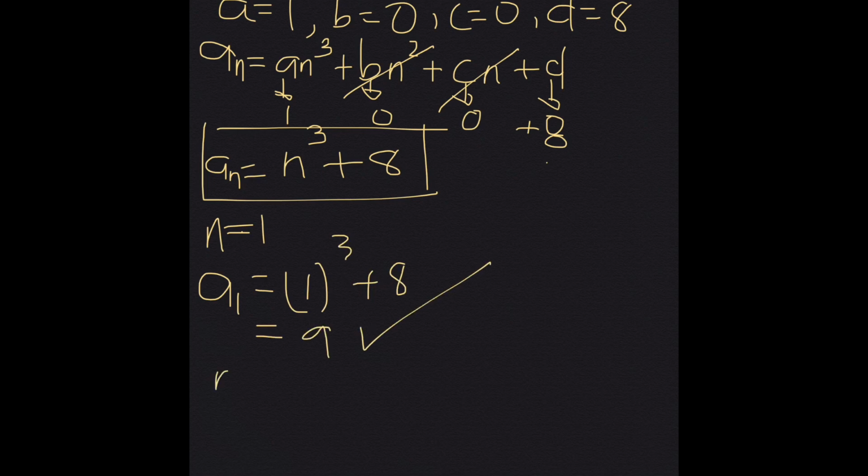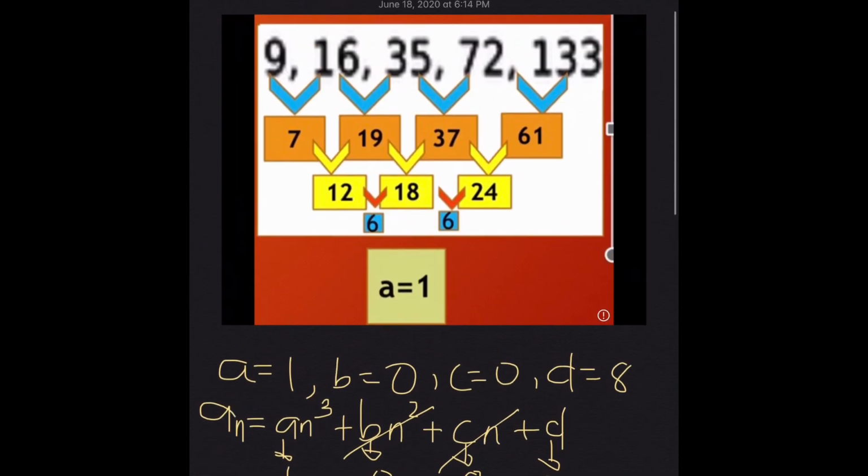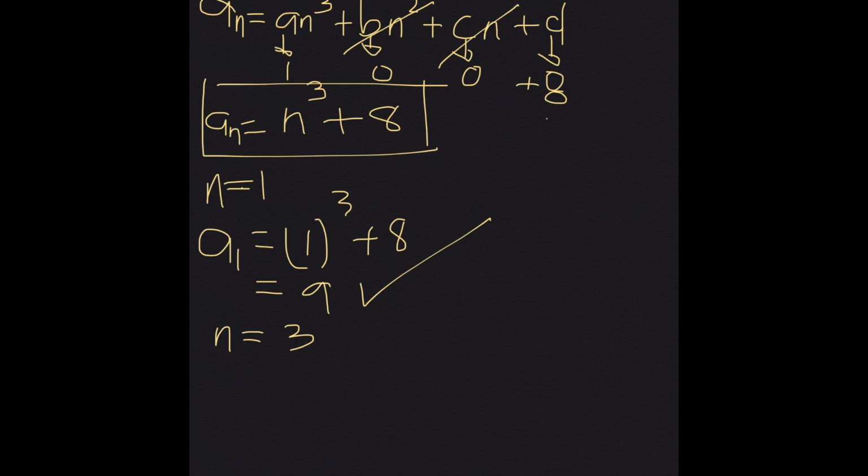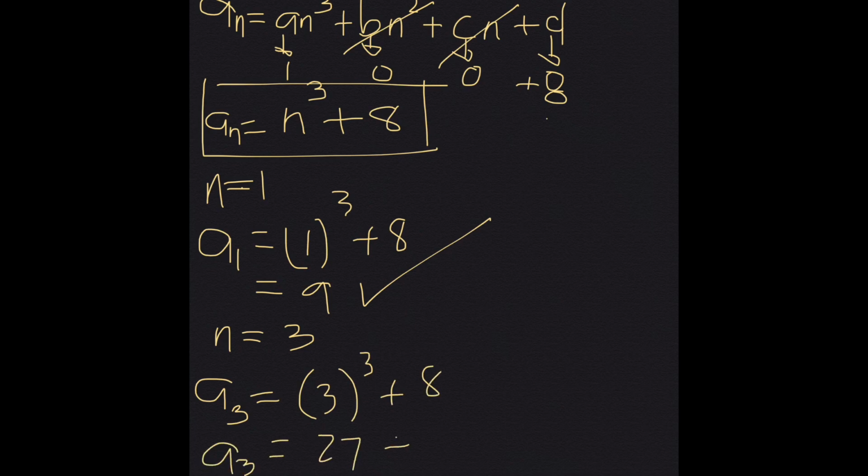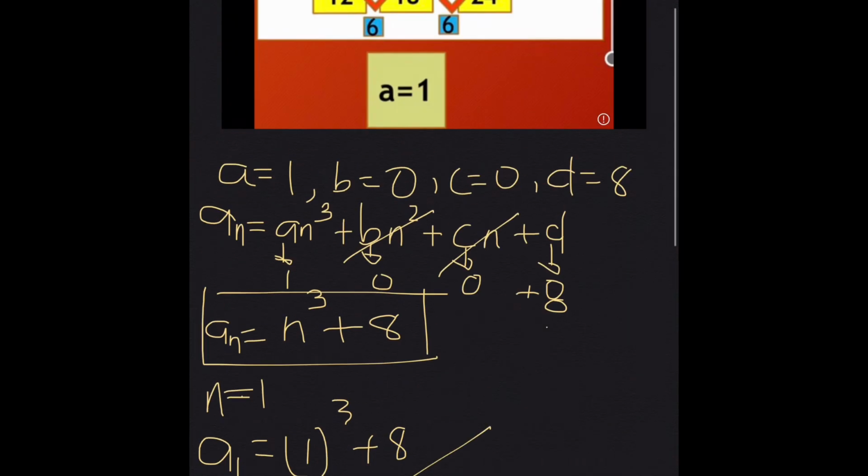Correct. Another, n is equal to 3. Let me see if the result is the third term, which is 35. a sub 3 is equal to 3 cubed plus 8. 3 cubed is 27. 27 plus 8, is that 35? That's correct.